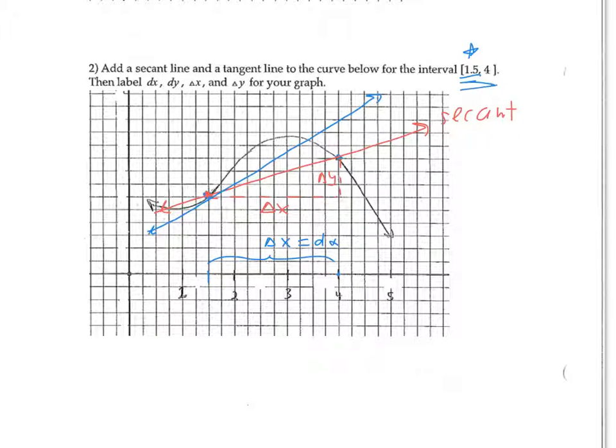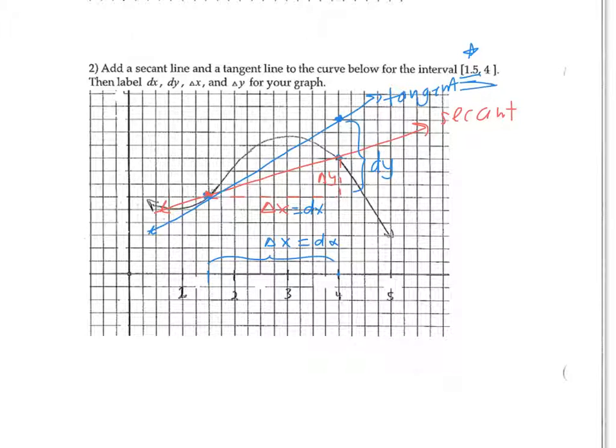Okay, so looking at dy in this case, we want to go from this point to this point. And I'm choosing this point on the right because it's directly above this point on my secant line. Okay, so this distance right here would be dy for that one, because we're taking a look at the tangent line, and our dx is going to be the same as our delta x.